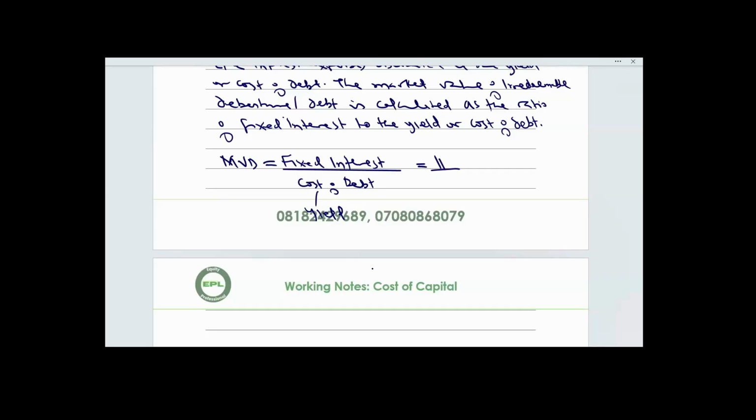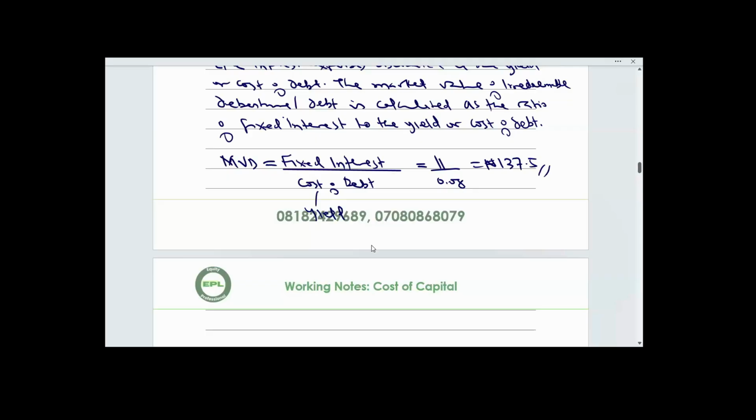Then this is 8%, which is 0.08. So what do you have? 11 divided by 0.08. Give it to me quickly. I have 137.5 naira. So the value of this irredeemable debenture is 137 naira 50 kobo.